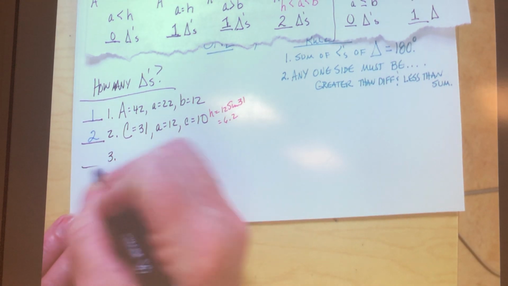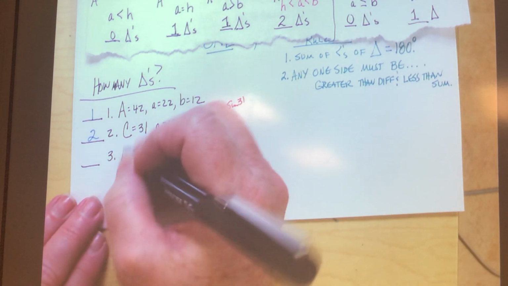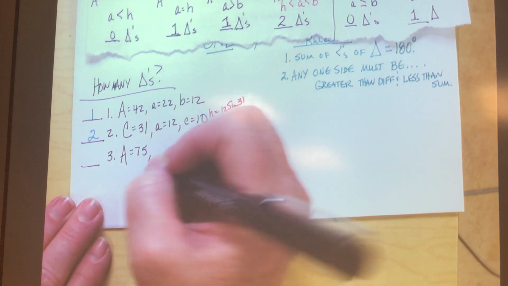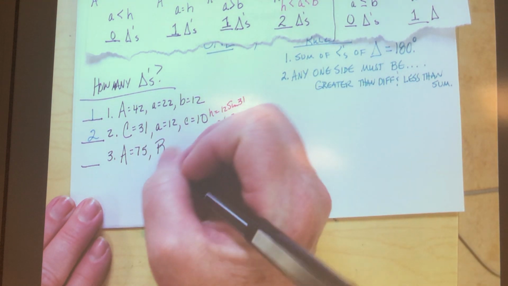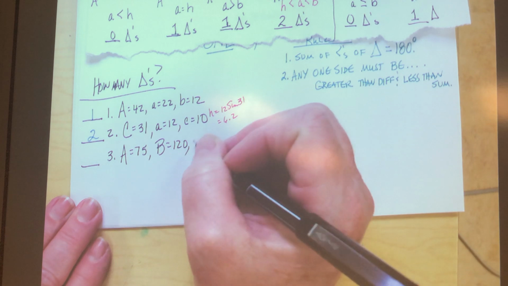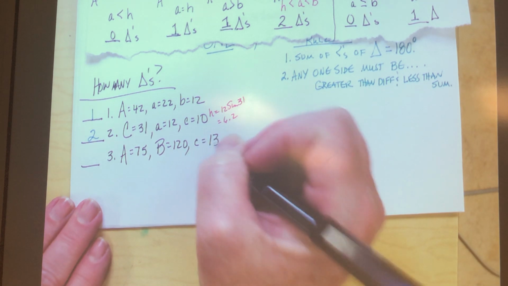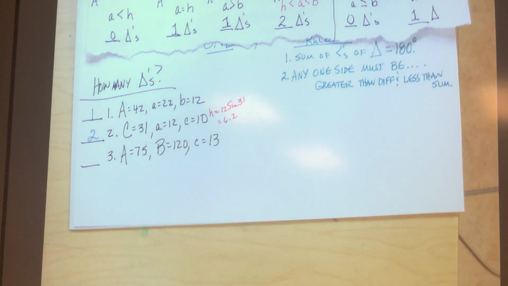Okay, here's the next one. Number 3. Big A is equal to 75. Big B is equal to 120. And little c is equal to 13. Is it ambiguous? No. How many triangles can you make?